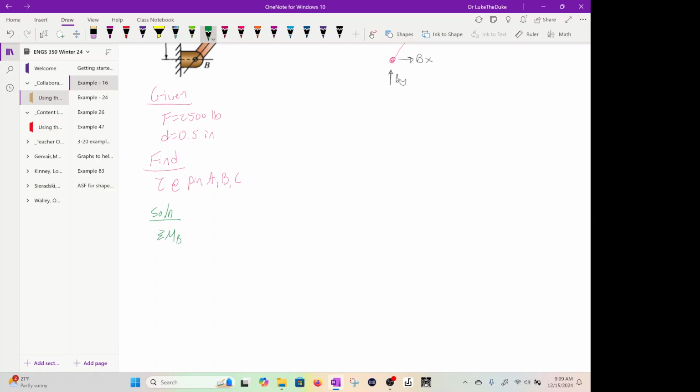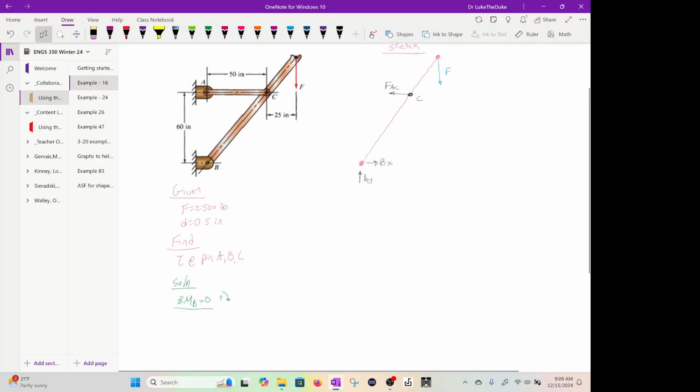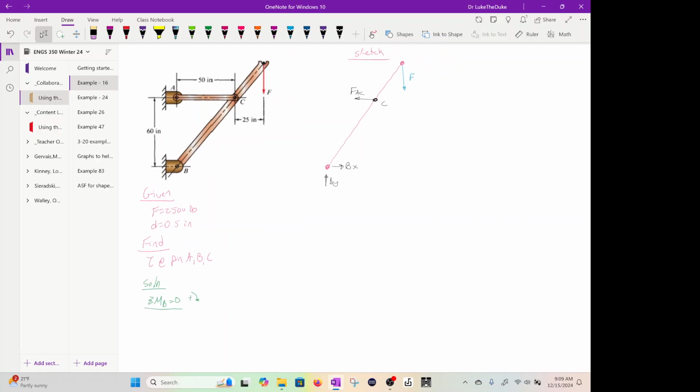Summation of the moments at B set to 0. Assume that way is positive. So we're on this beam here. We sum the moments at B. Then we have F times 50 inches plus 25 inches, which is 75 inches, right?